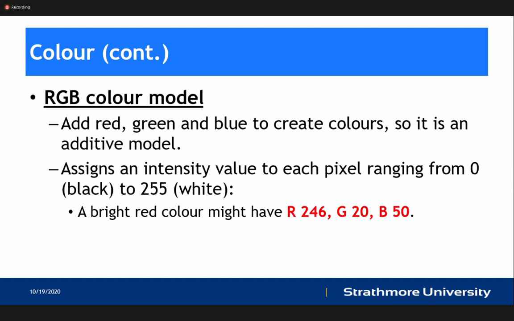You can see that if you are working with GIMP. To come up with a red color, you will need to raise the red intensity to 246, the green will go to 20, and blue will be raised to 50, and that will actually give you a red color.